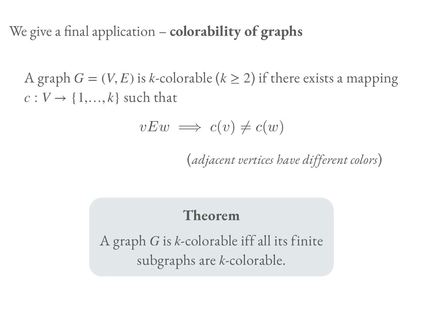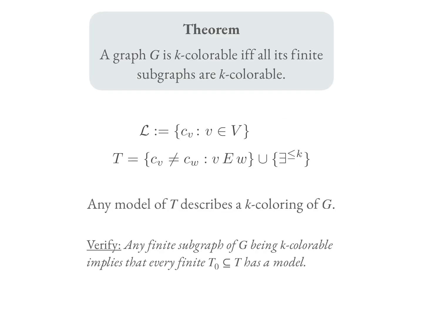So of course one direction is immediate, right? If we know that the big graph is k-colorable, all its finite subgraphs are k-colorable too. But for the other direction, we use the compactness theorem. And it's all about, again, how to set up the problem so that we can apply the compactness theorem.